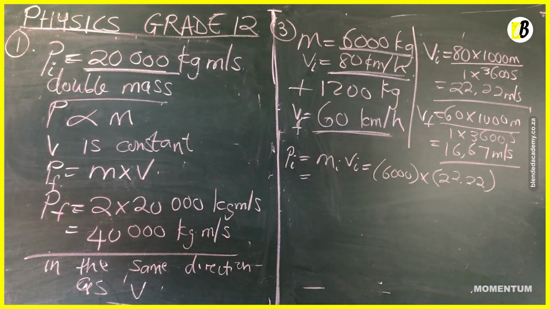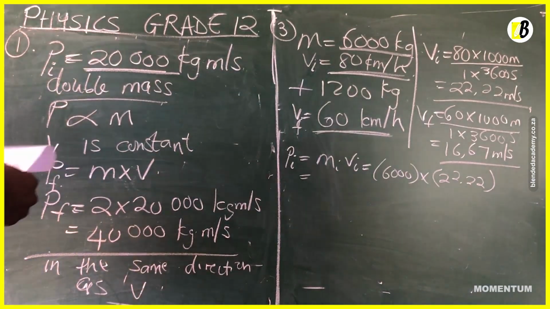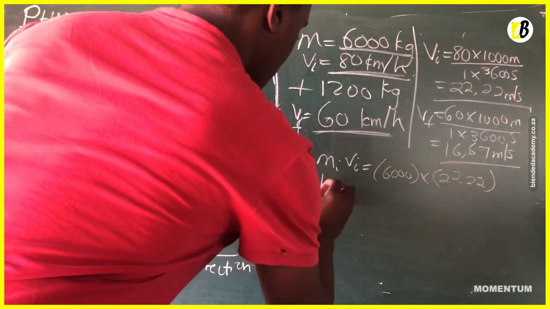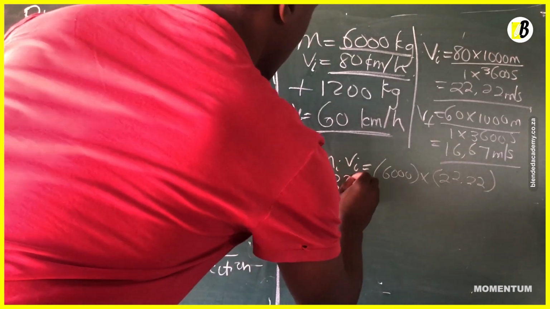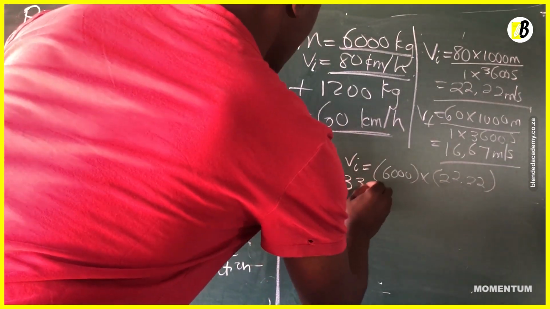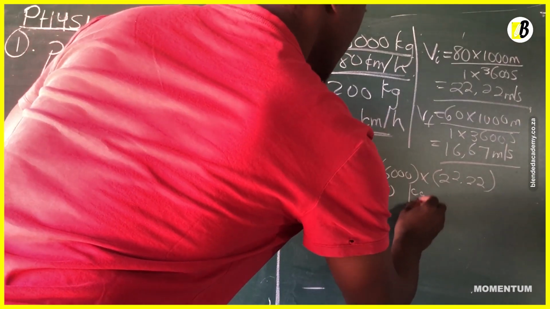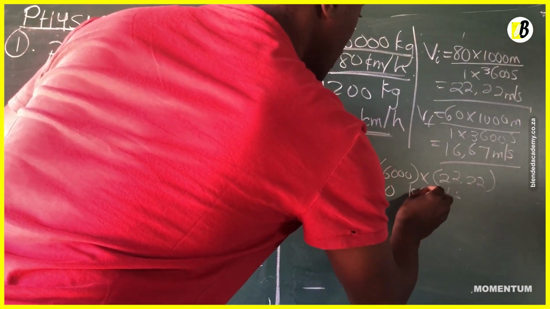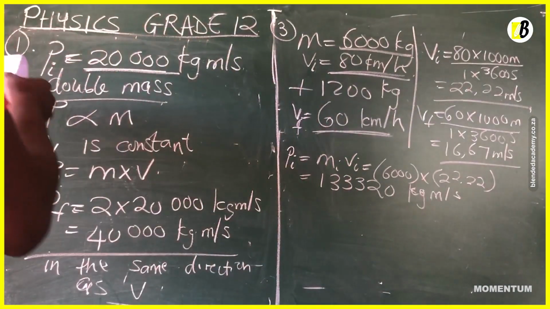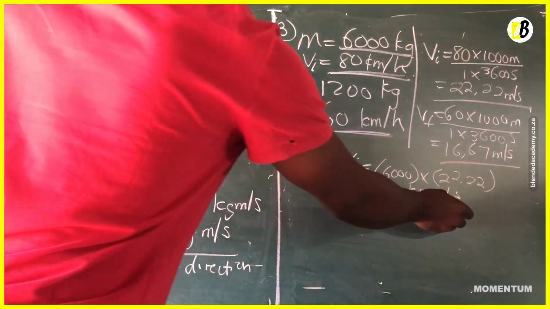You can't use 80 kilometers per hour because that's not the SI unit for velocity. That's very important. Now we get this huge number, 133,320. That's our momentum before loading the truck with that object of mass 1,200 kilograms.